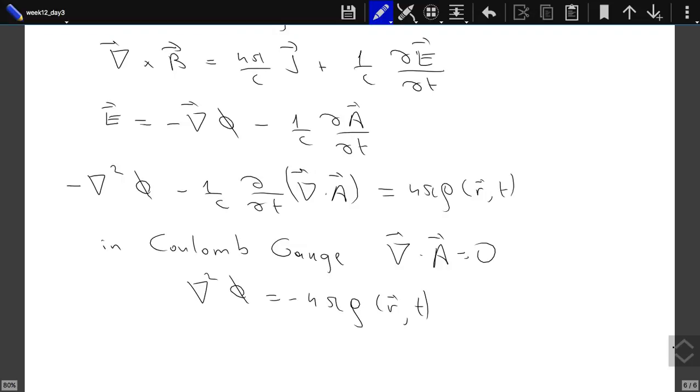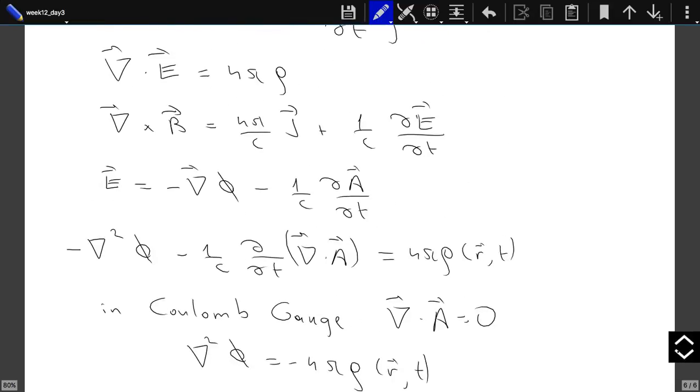But what about the A? Maybe there will be a part in A that changes instantly, which will cancel the change in phi. And that is actually what happens. So this instant change is not of physical consequence. Any information about this change will propagate at the speed of light.